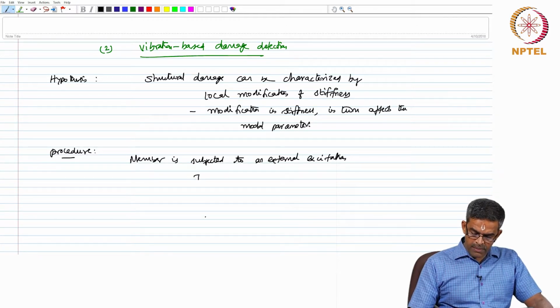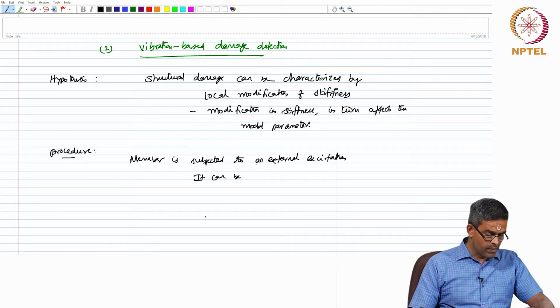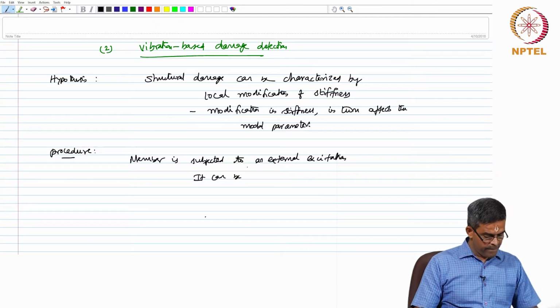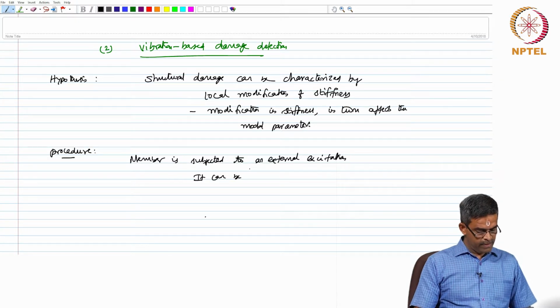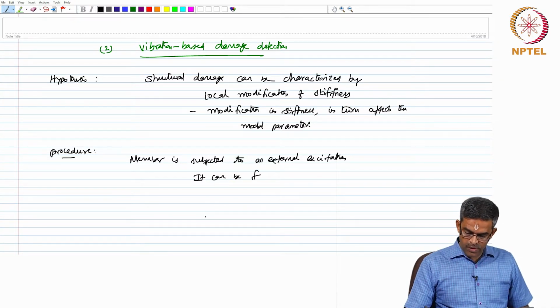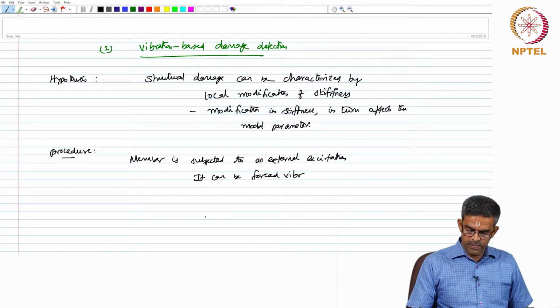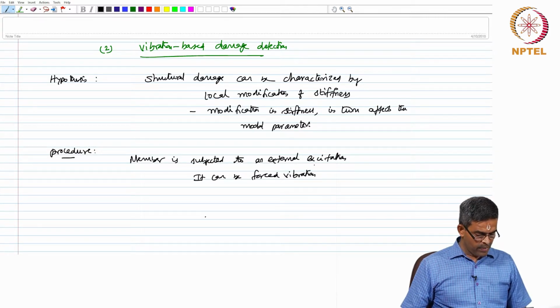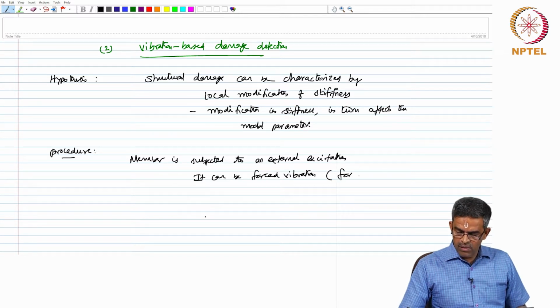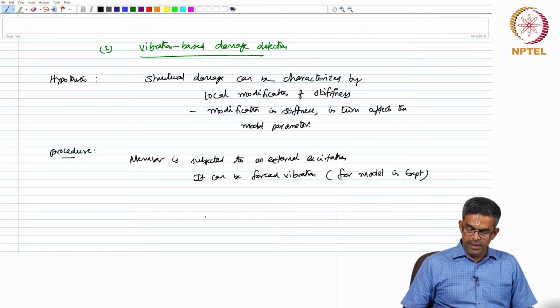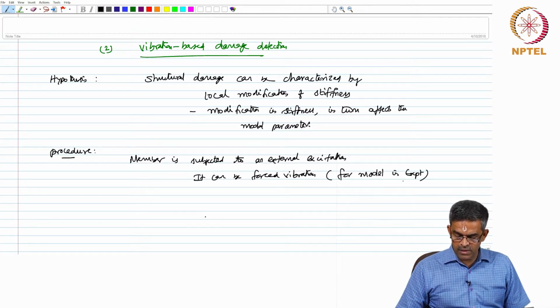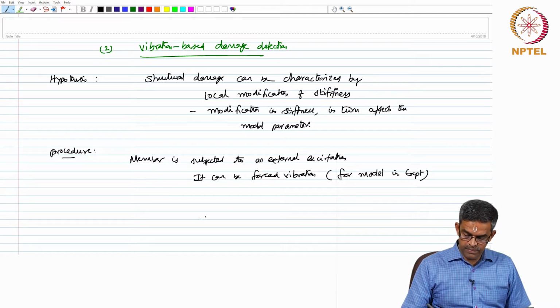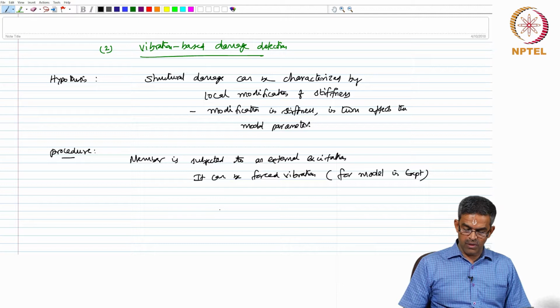This excitation can be a forced vibration, which is possible for a model in experiments, because it is not possible to create a forced vibration for a prototype system unless it is automatically created by the external loads.